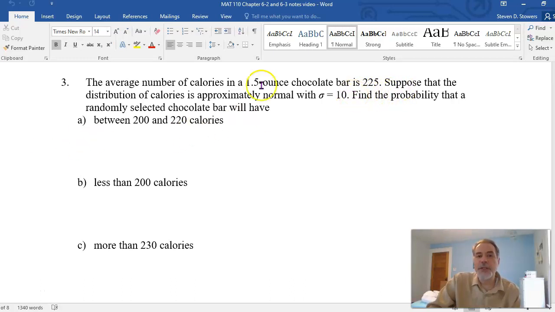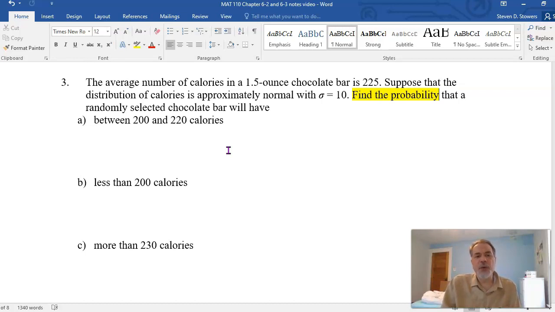So first of all, notice this is the kind of problem that asks you to find a probability. Now, first I'm going to show you the traditional, regular way of solving this kind of problem.